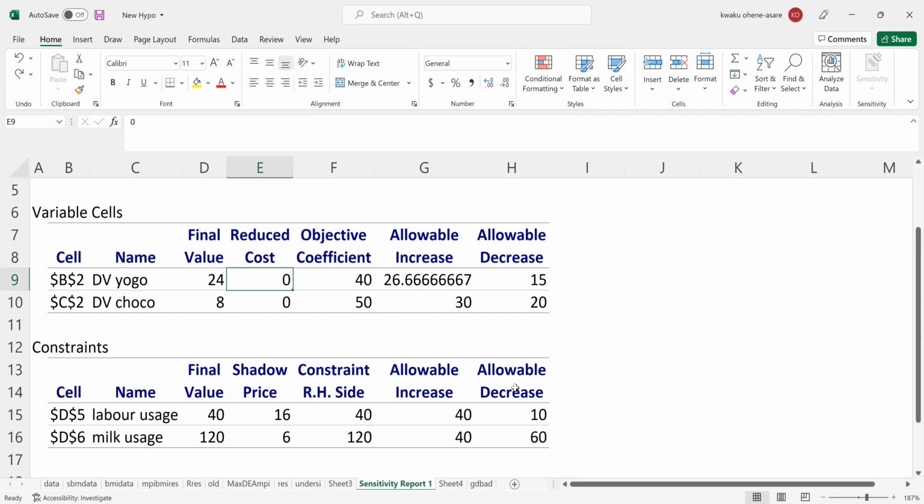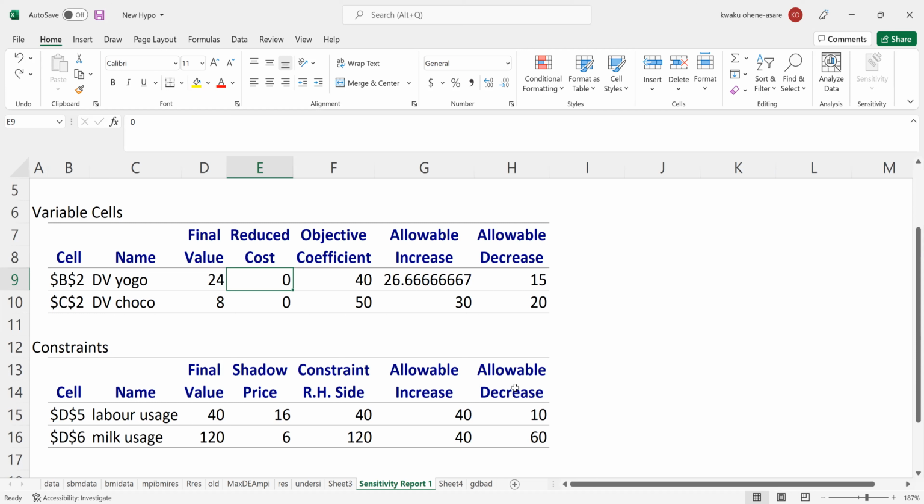In other words, the next best thing I could have used my money and resources for, I have diverted those resources into the production of Fan Yogo, and yet I'm losing nothing. So I don't care about producing the 24 units of Fan Yogo because I'm not incurring any damage, any opportunity cost of doing that. It's zero. I lose nothing. So I can go ahead and produce my Fan Yogo.